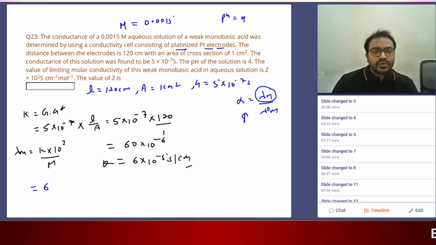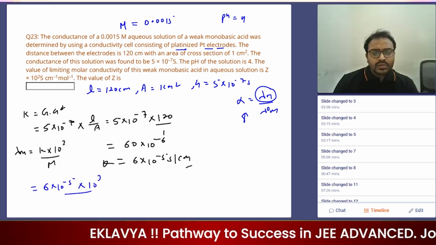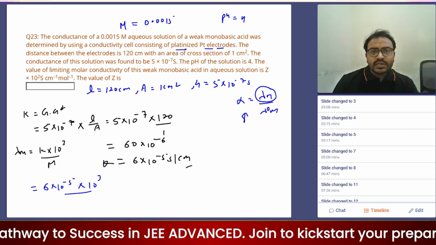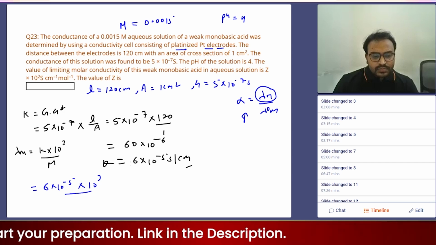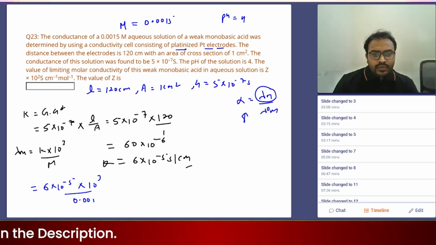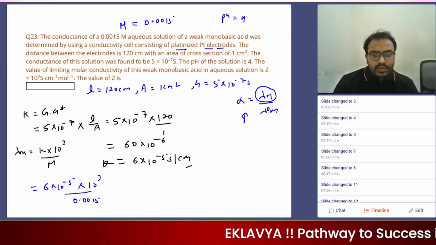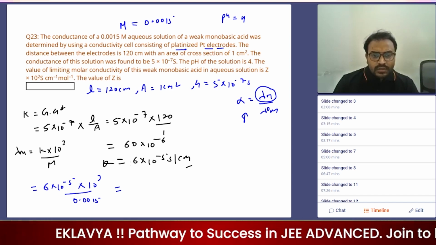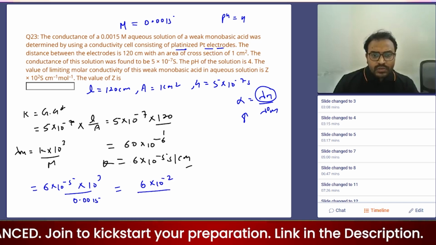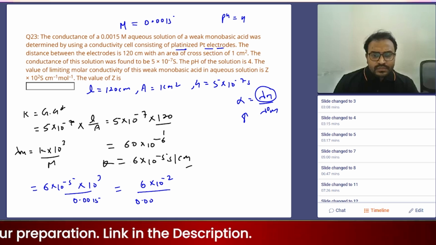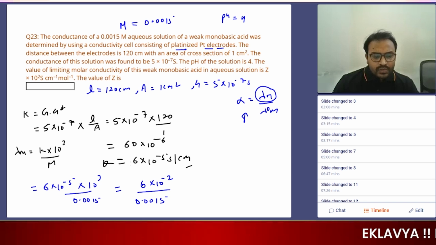Now this kappa we can put in this relation: 6 into 10 to the power of minus 5 into 10 to the power of 3 divided by the concentration given, 0.0015. Okay. Now we need to solve this. So this value becomes 6 into 10 to the power of minus 2 divided by 0.0015.